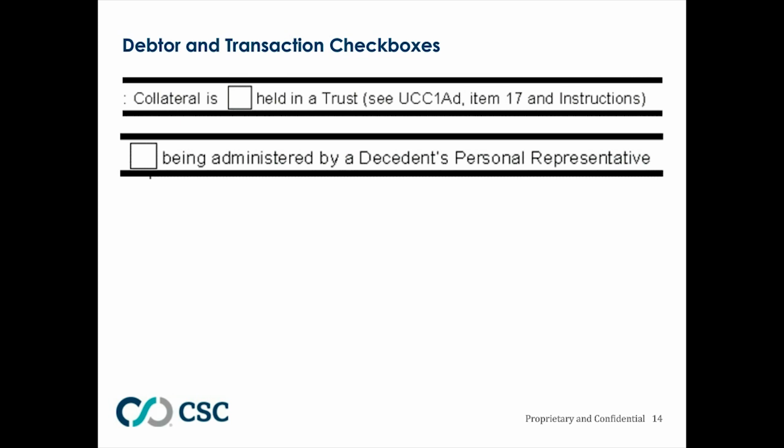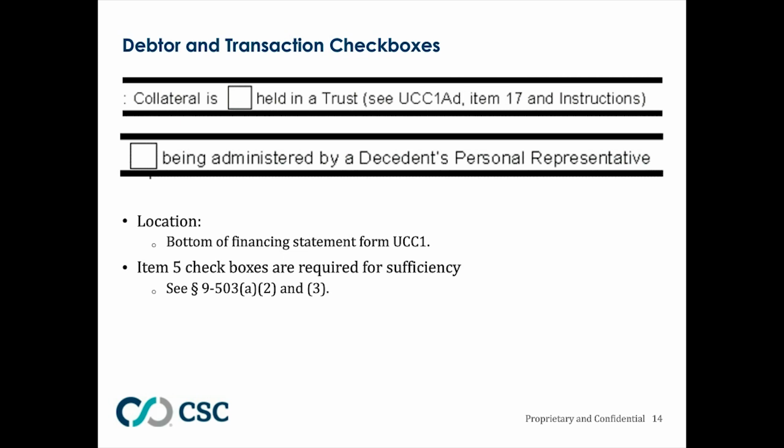They're found at the very bottom of the financing statement, and the purpose of these is to make the indications required for certain types of debtor names. And because these are part of Section 9-503(a), which apply to the sufficiency of debtor names, arguably these checkboxes must be used for these types of debtor names, or the financing statement is not sufficient.